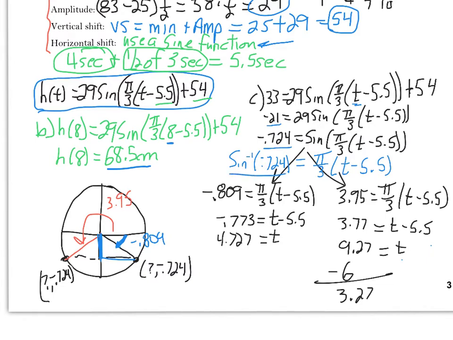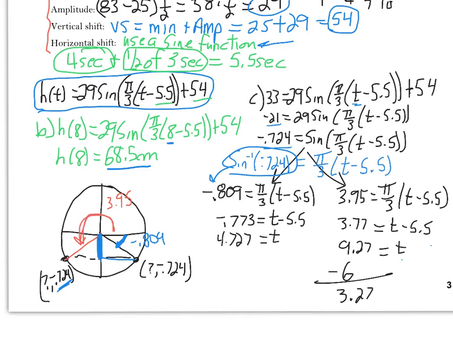If I do the inverse sine of negative 0.724, I get an angle of negative 0.809 radians. Well, where's the other angle that would have a y-coordinate of negative 0.724? Well, that's going to have to be in quadrant 3.